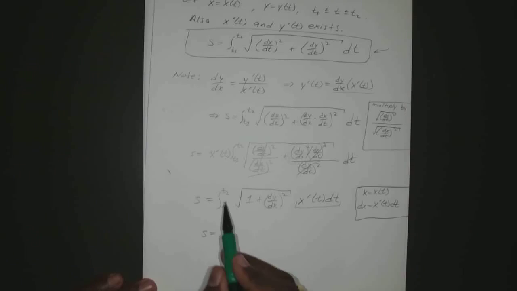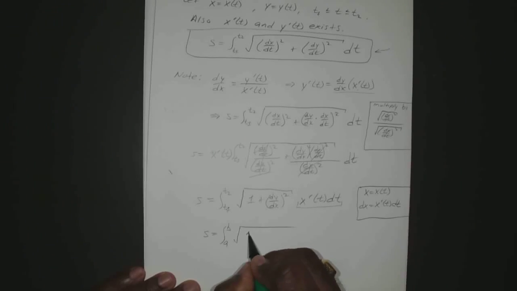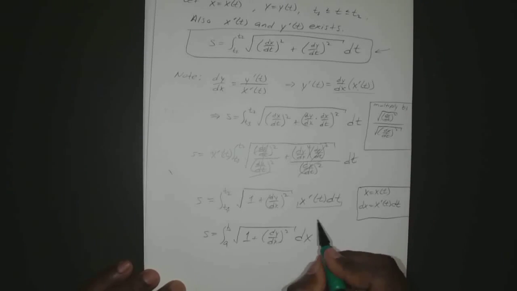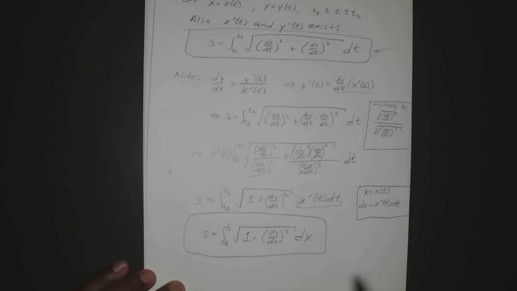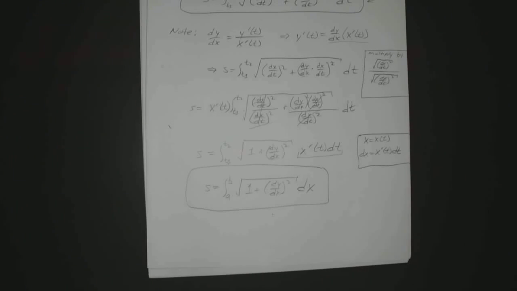We'll let t1 and t2 be a and b values, times the square root of 1 plus dy dx squared with respect to x. So you can see how it fits into our old arc length formula. You don't have to know this since you already know it from the past, but it's just showing the connection between the two.